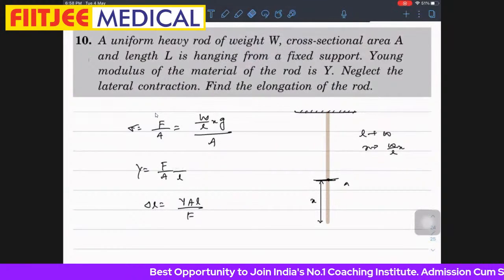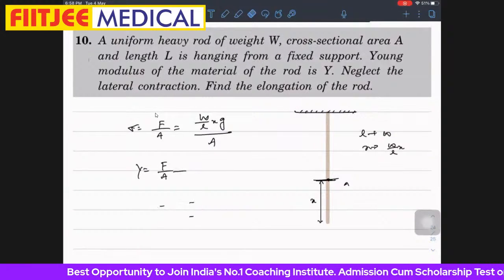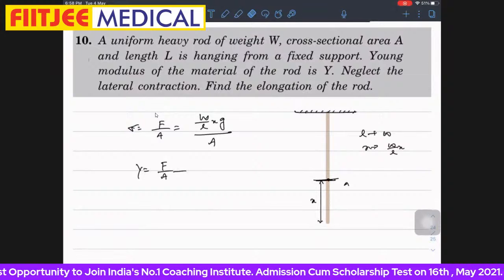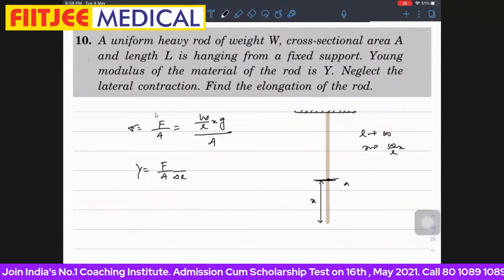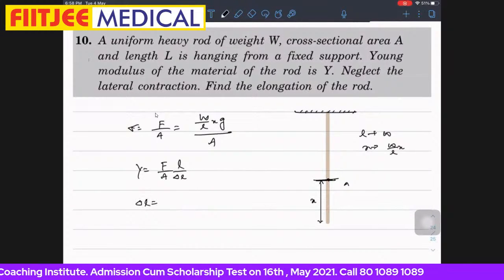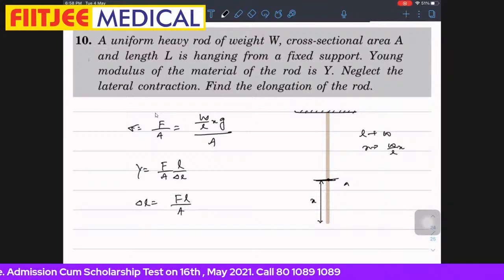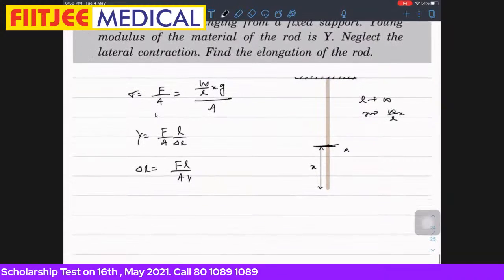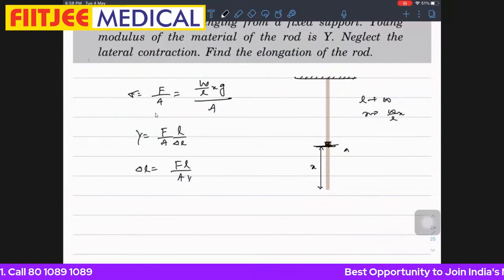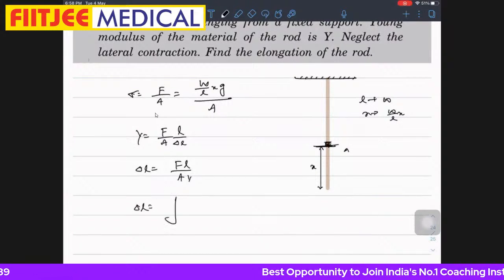In this relation, delta is in the numerator, so we can write delta L by L, so delta L will be how much? FL by AY. Since we are considering a small element, to calculate delta L we have to integrate for this problem.